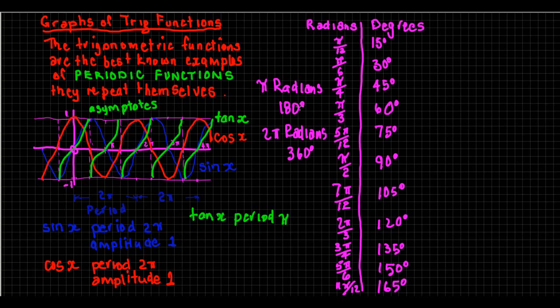Pi by 12 radians is 15 degrees, and we can work on those increments all the way from 0 to 180, and then again through to 2 pi if you wish. So that's a handy little table so that you can relate the various angles in radians and degrees.